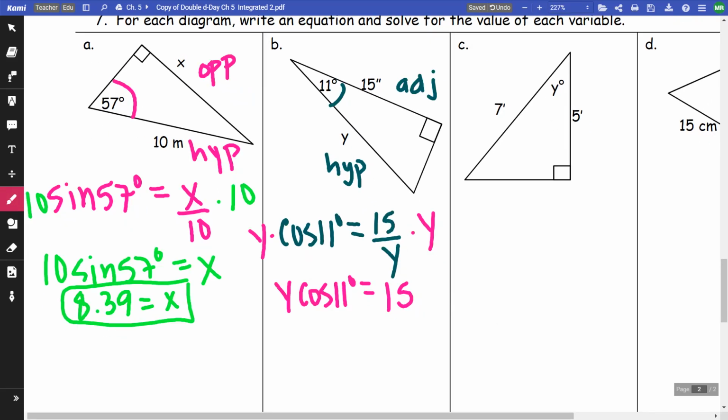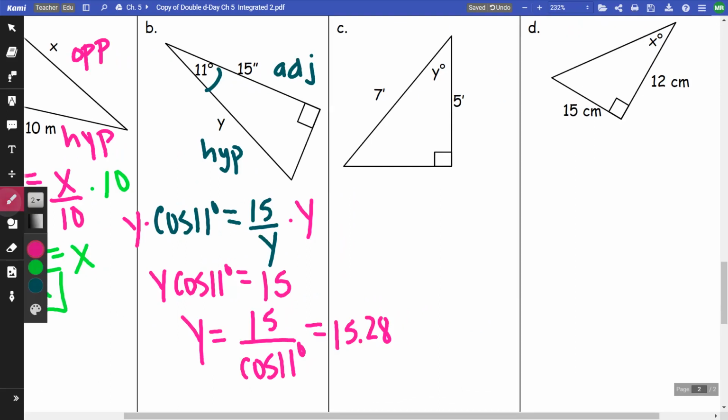And I'm going to divide both sides by cosine of 11 degrees. So I'm going to have 15 divided by cosine of 11 degrees. And when I put that into my calculator, I end up getting 15.28 as our answer.